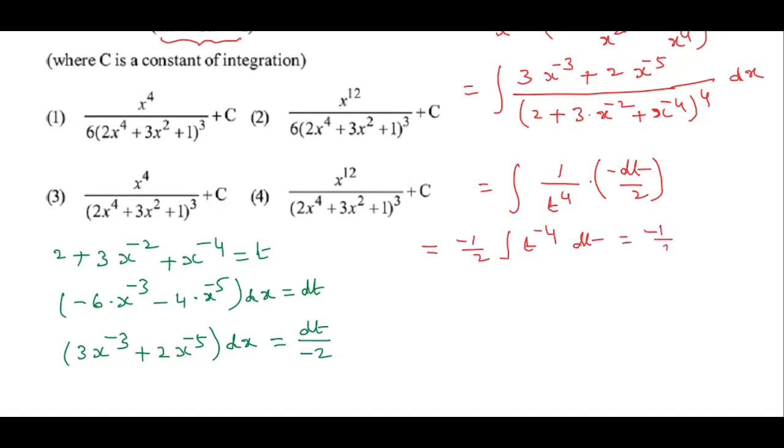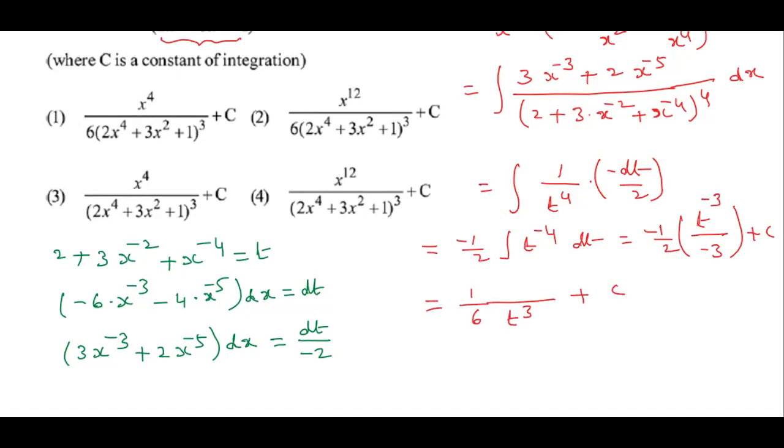Minus 1 by 2 is constant, outside. Now apply the formula: t power minus 4 plus 1 by minus 4 plus 1, that is minus 3, plus c. Now minus minus cancel. We get 1 by 6 into t power minus 3, which means in the denominator t cube, plus c.